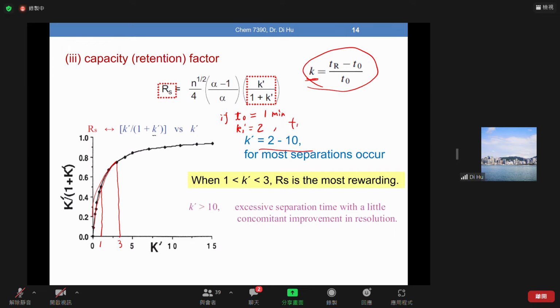Can anyone tell me? Can you type your answer in the chat box? If k equals 2, what is that? That means tR1 equals how many minutes?